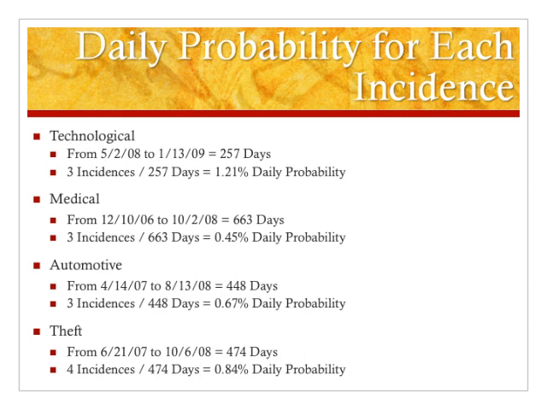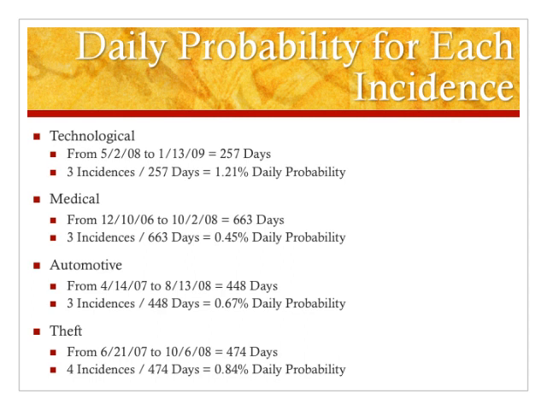That is a span of 257 days. To calculate the probability, we took the amount of incidents, 3, and divided by the amount of days, 257, and got a daily probability of 1.21%. That means this person on any given day has a 1.21% chance of being presented with a technological risk.